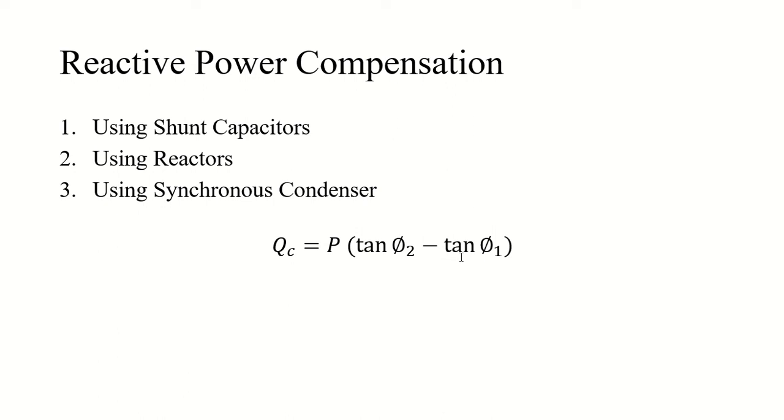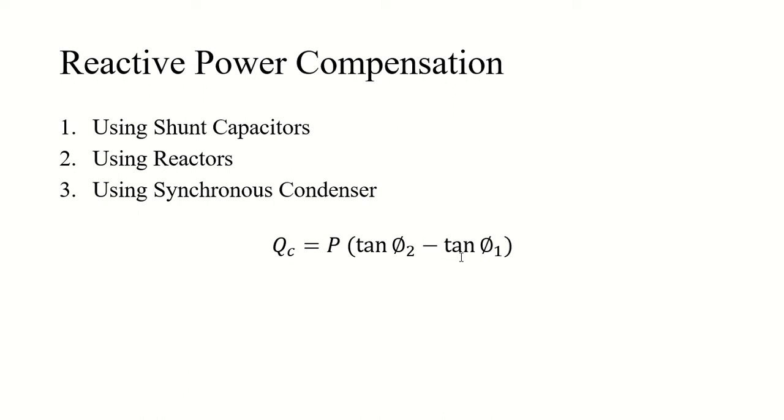Now because of the load at the receiving end, as we discussed in the beginning of this lecture, the load we are considering is of reactive nature. Because of this reactive nature of the load, the power factor of the system will be low.